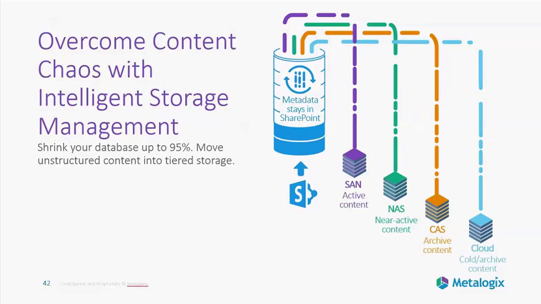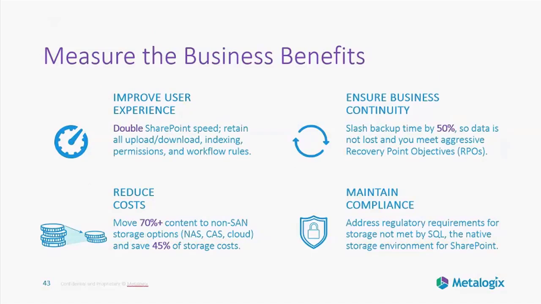And the concept is take all that content that's creating these problems and move it to an appropriate storage tier that gives you all of flexibility and benefit. This is where you want to really focus in on those business benefits. And business benefits are improving that user experience, reducing cost, being able to comply with these different requirements, and then ensure business continuity.